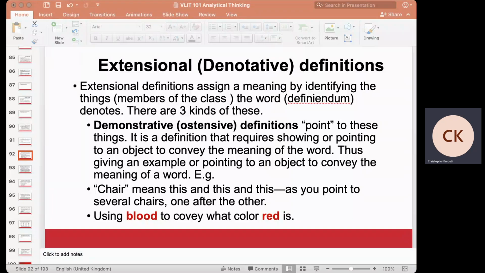We use this form of definition to teach children. You know, children do not possess enough vocabulary to be able to perceive, conceive, and understand the things we teach them. So if you're teaching a child that this is a car, you end up pointing to the car.